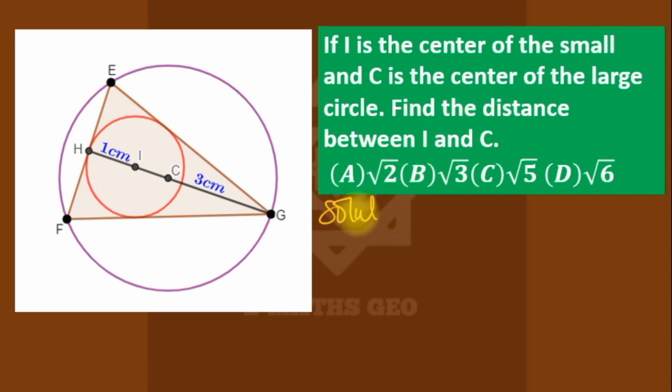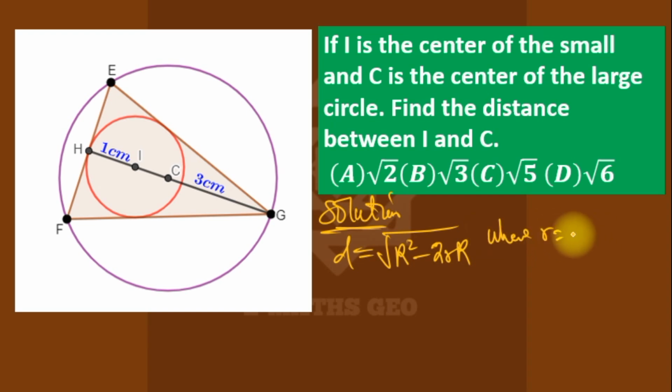We've gotten this formula: the distance is the square root of R squared minus 2Rr, where r is the inradius and big R is the radius of the bigger circle.